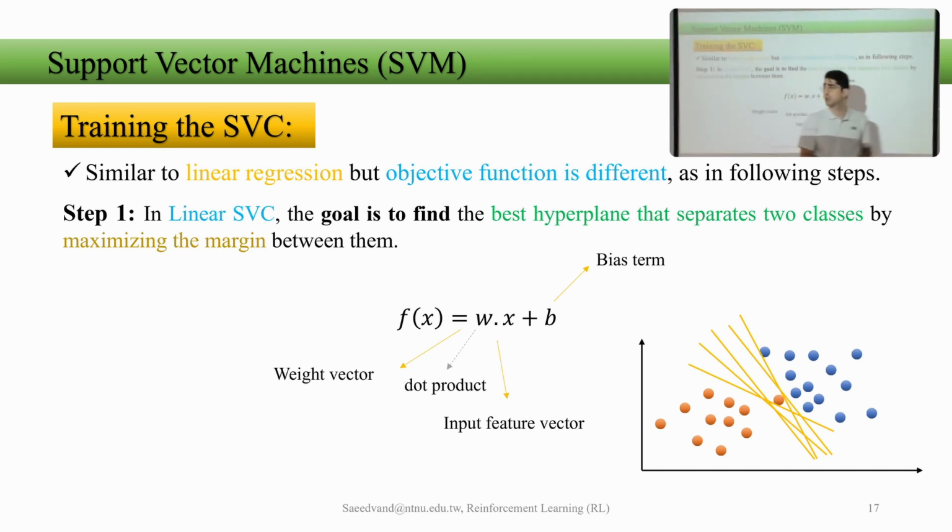We want to find proper w's and the bias term b in order to solve our problem in the linear case. It means that we want to find the line to separate our data into two classes by finding proper w's and b. The bias, not beta.